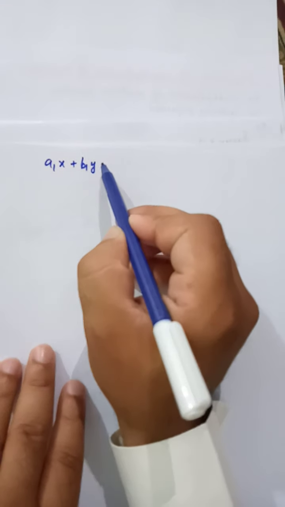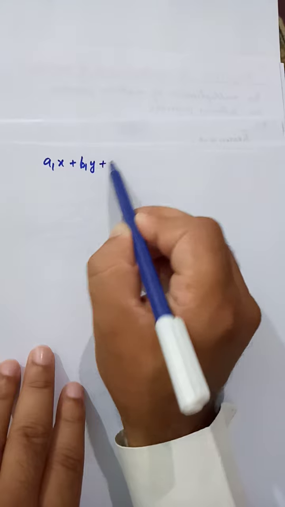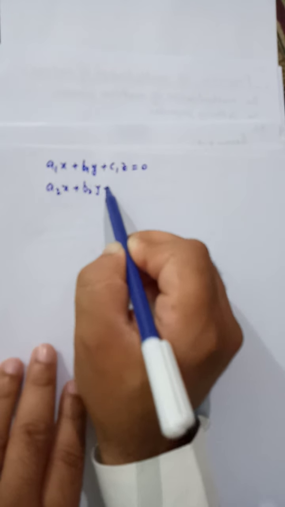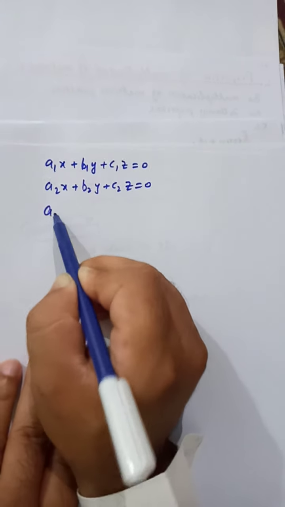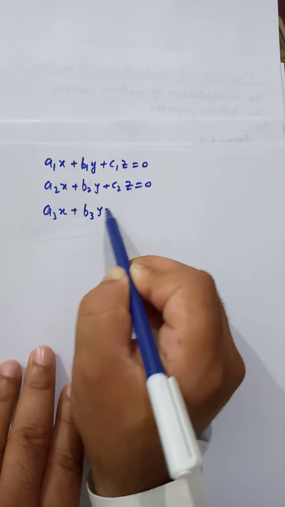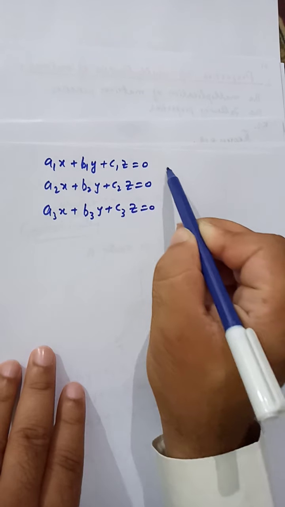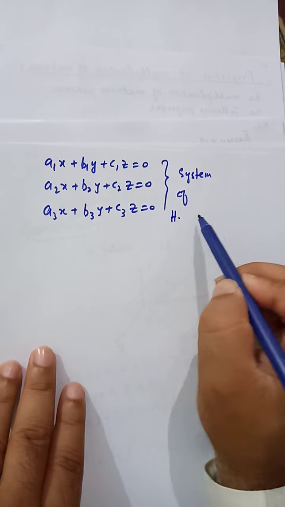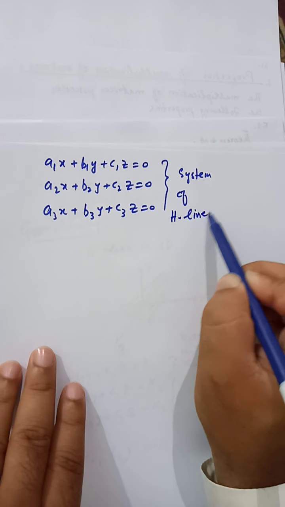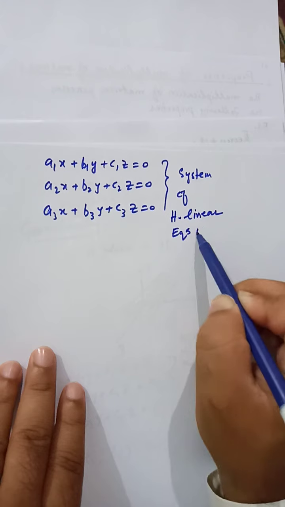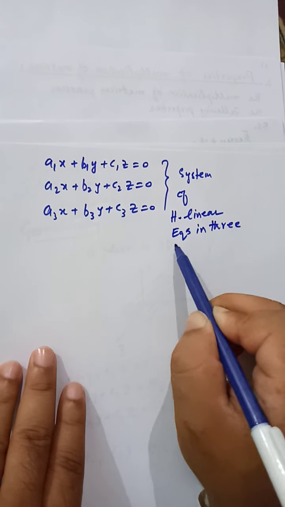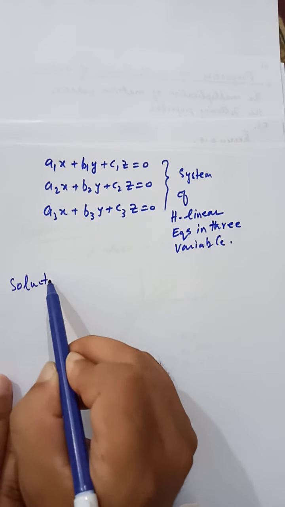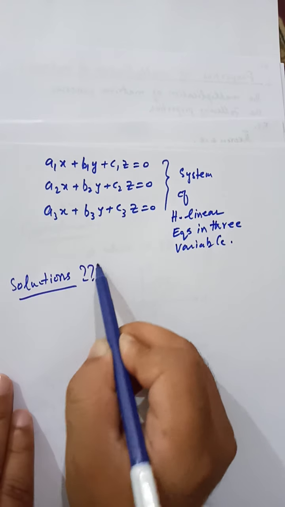So this is a1x plus b1y plus c1z equal to 0, a2x plus b2y plus c2z equal to 0, and a3x plus b3y plus c3z equal to 0. This is the system of homogeneous linear equations in three variables. I am discussing how we can find the solutions of this system.